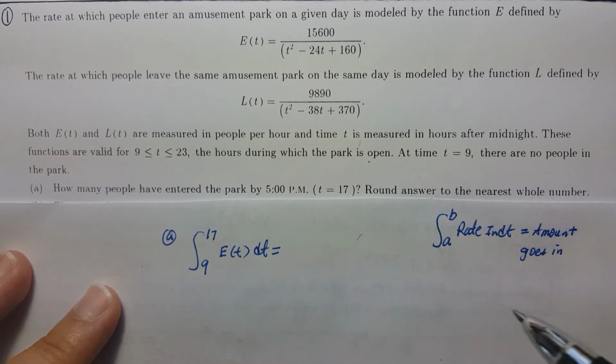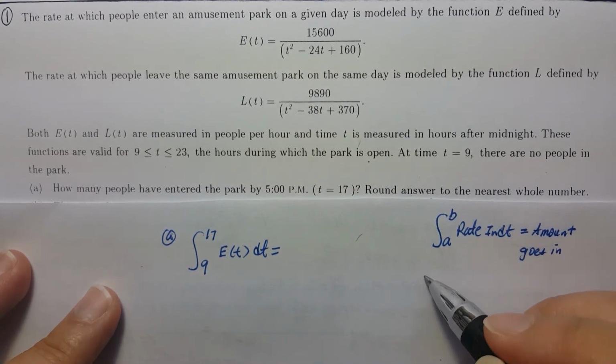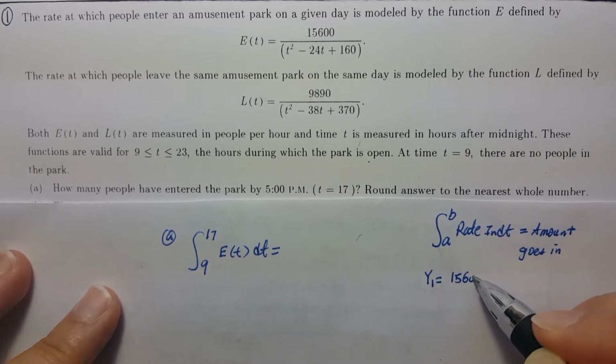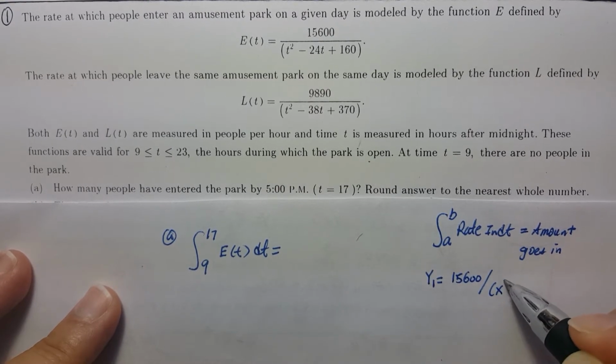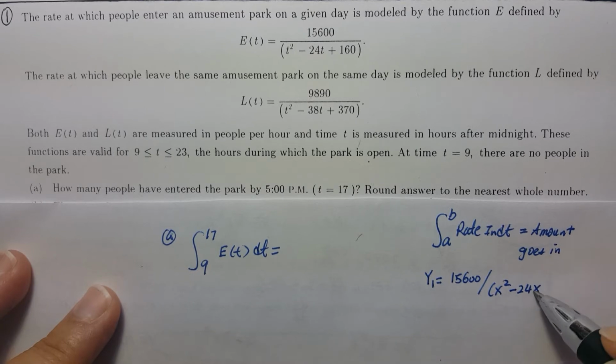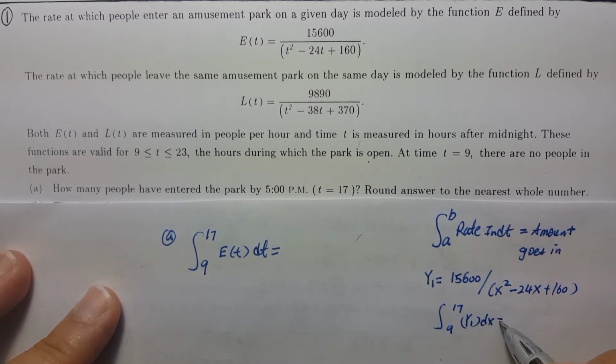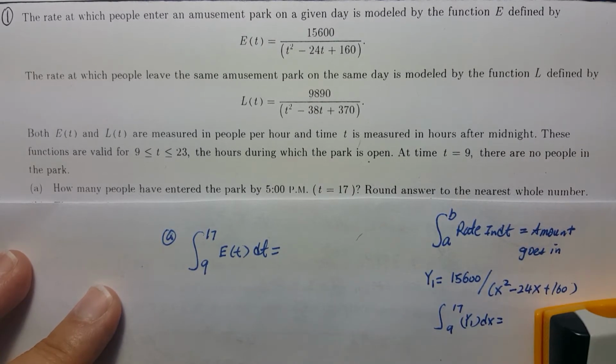Because we are allowed to use a calculator, we are going to make our y1 equal to E of t. Now we're going to do the integral from 9 to 17 of y1 dx. So we're going to use our calculator.